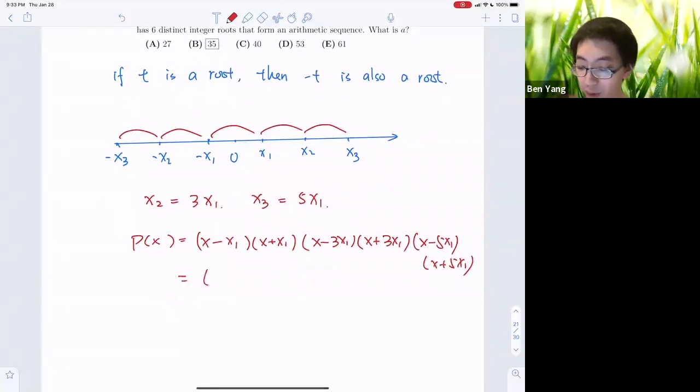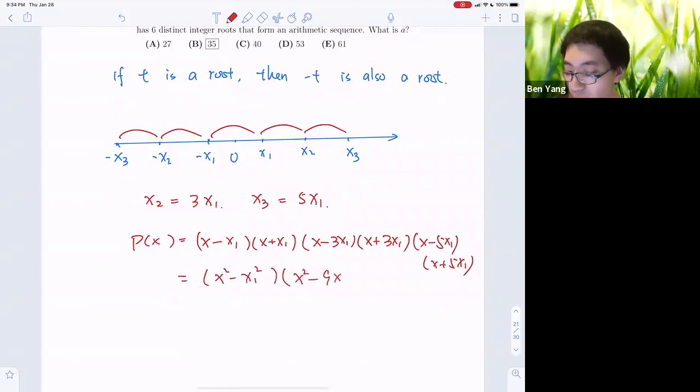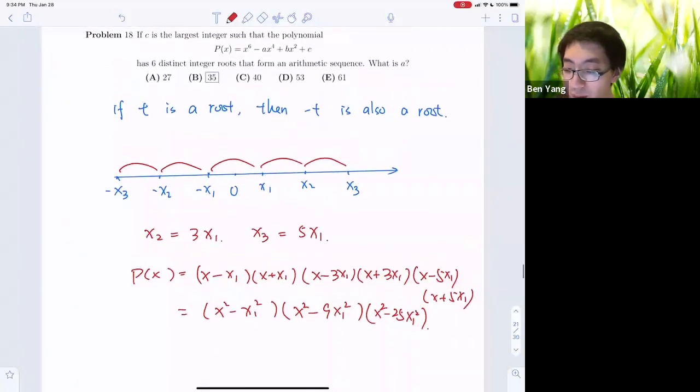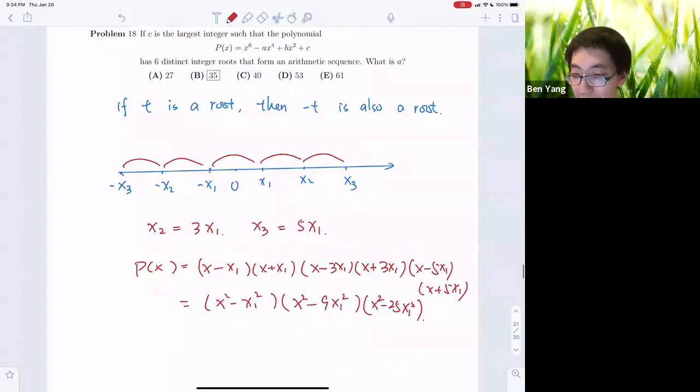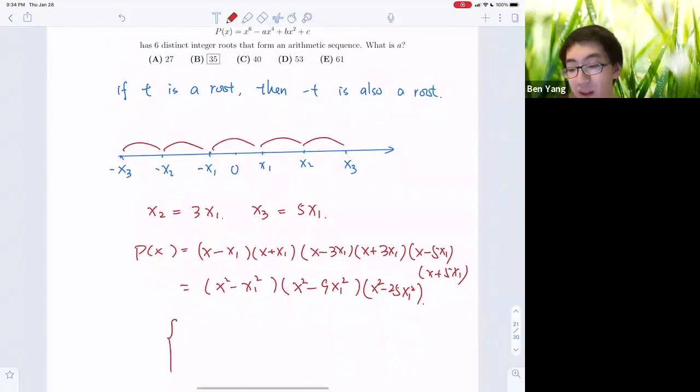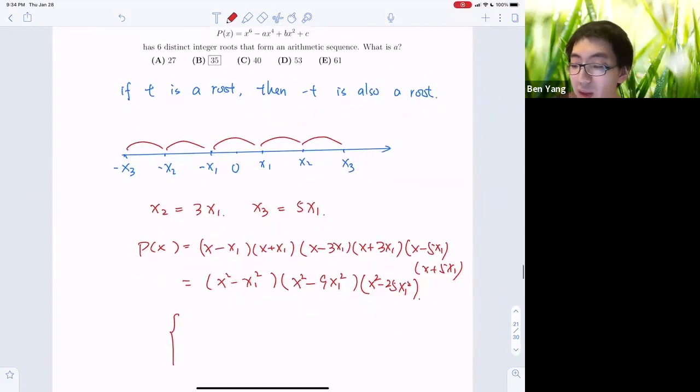So that's equal to x squared minus x1 squared times x squared minus 9x1 squared times x squared minus 25x1 squared. Now we can simply expand this and compare the coefficients of corresponding terms.